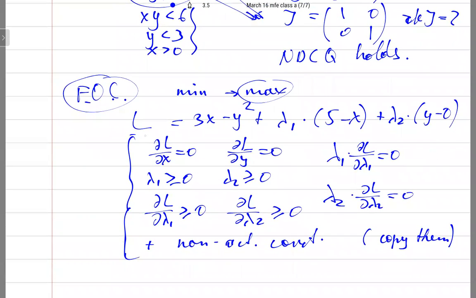So this will be the full list of first order conditions. And then, once again, we will add the Weierstrass theorem.